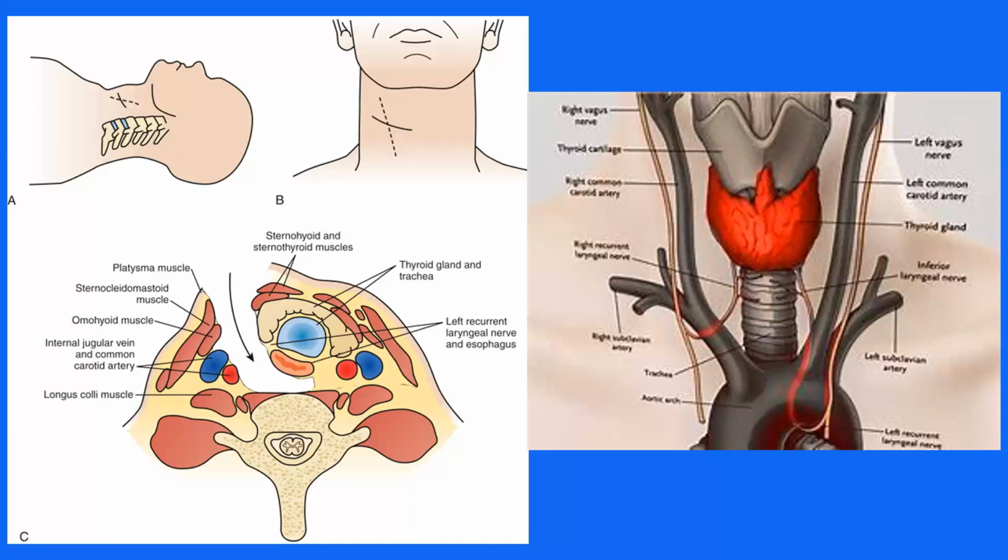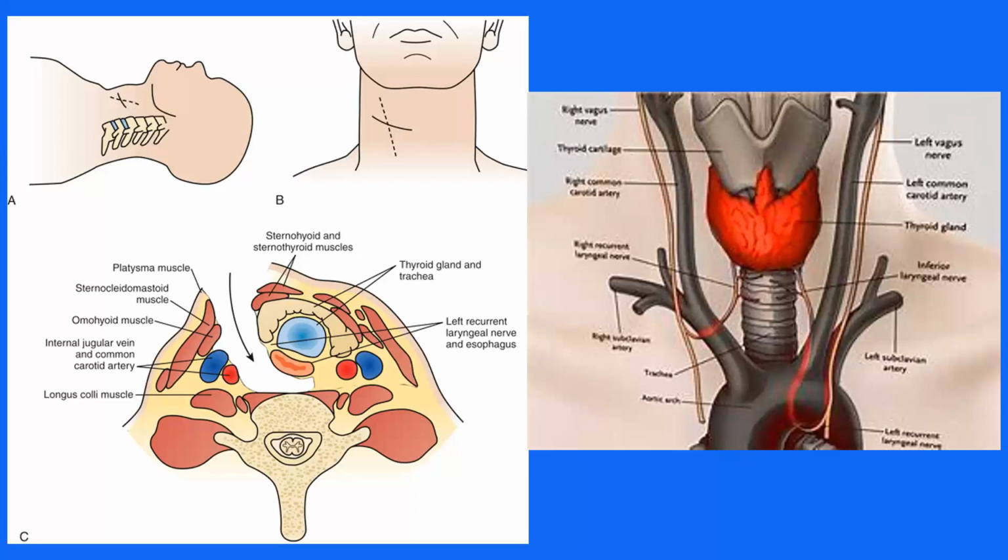while the recurrent laryngeal nerve on the left-hand side, in a regular fashion, runs between the esophagus and the spine posteriorly.